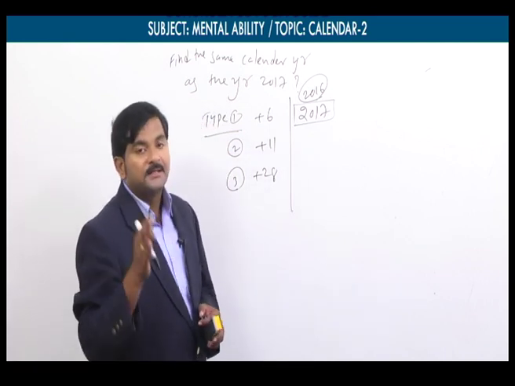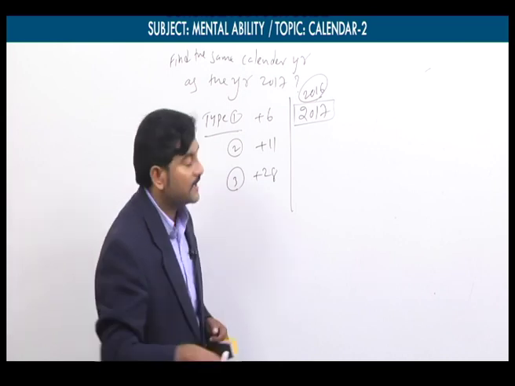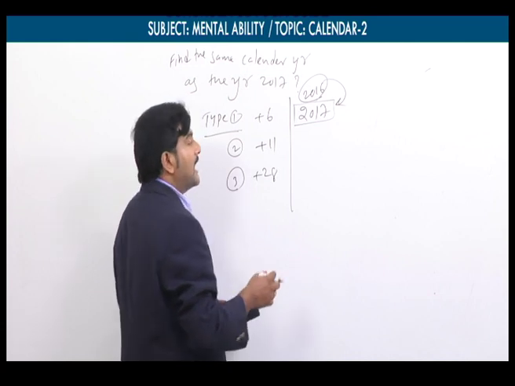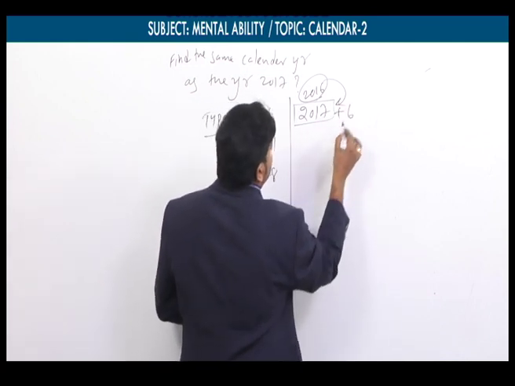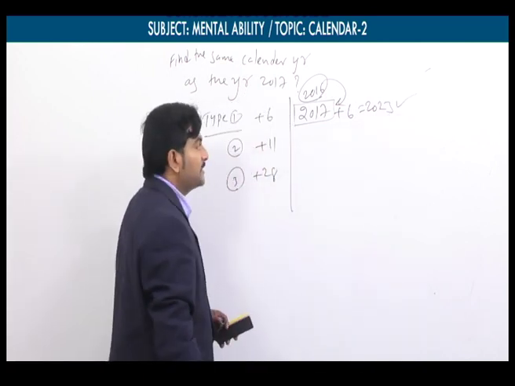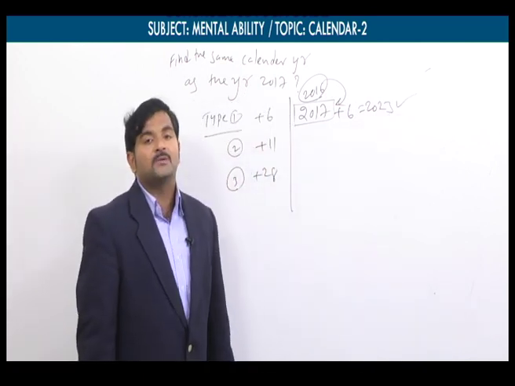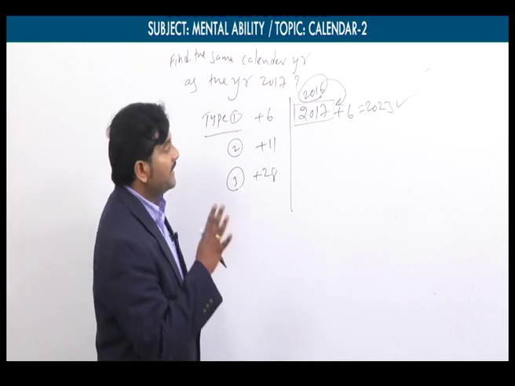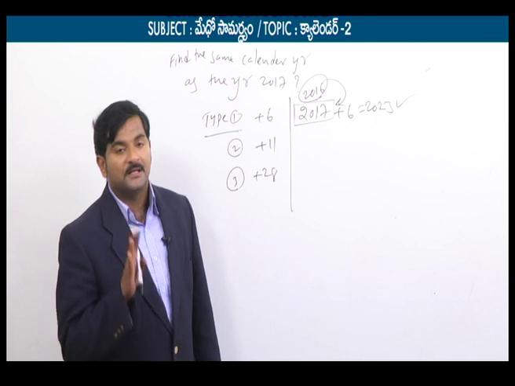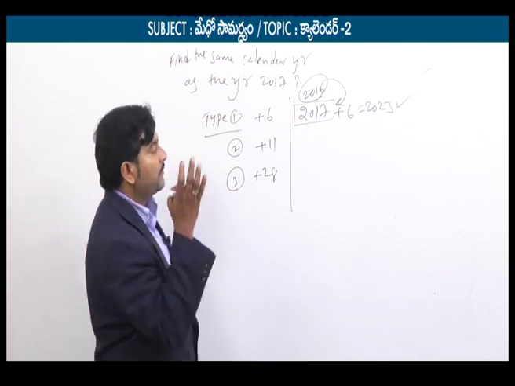To get the same calendar year as the year which is after the leap year, what do we need to do? We need to add +6. So 2017 + 6. What does it mean? The 2017th year and the 2023rd year, these 2 years have the same calendar. If you want, you can refer to your mobile or however.